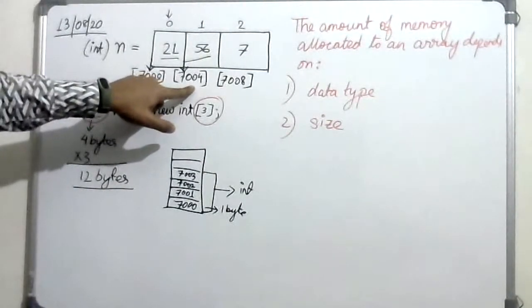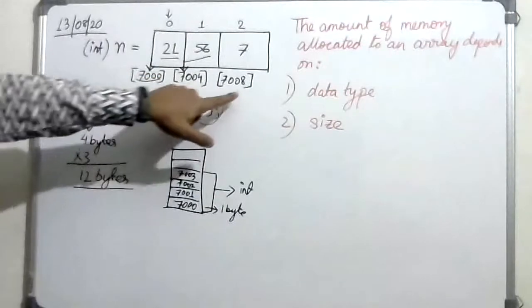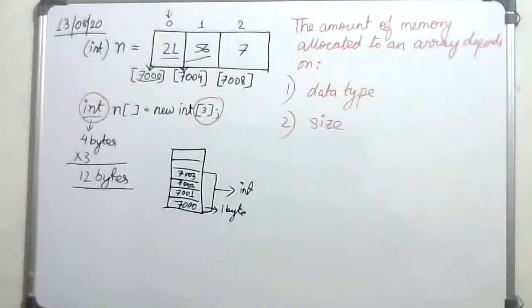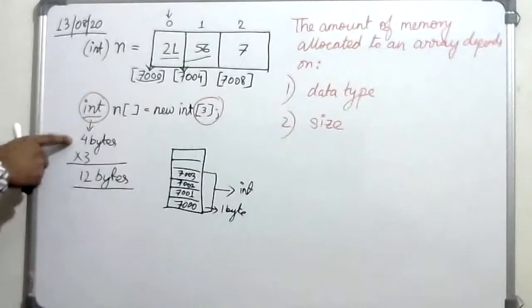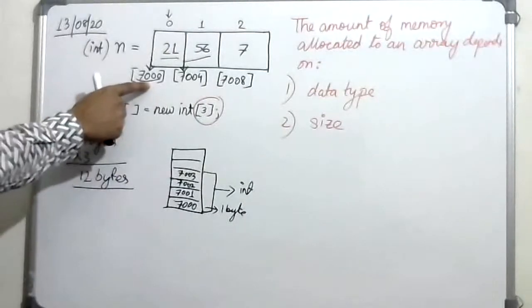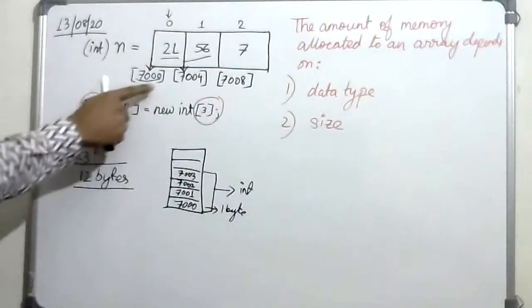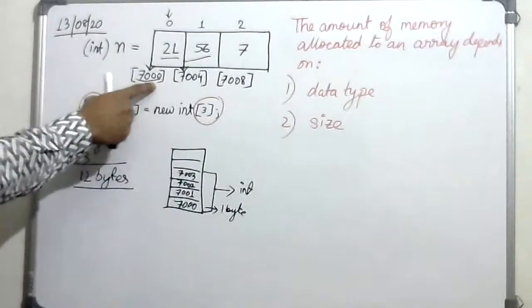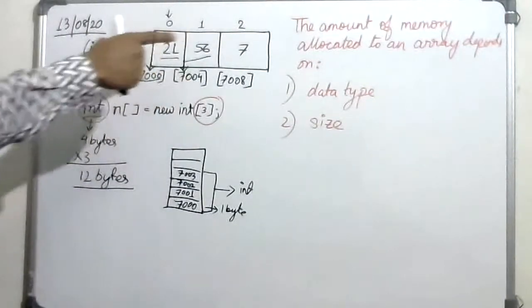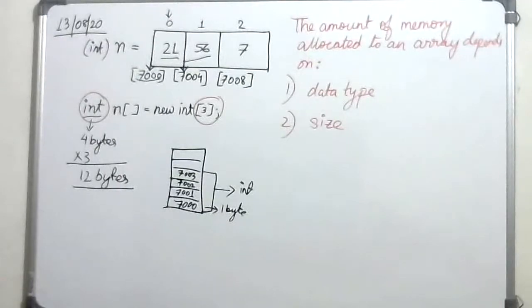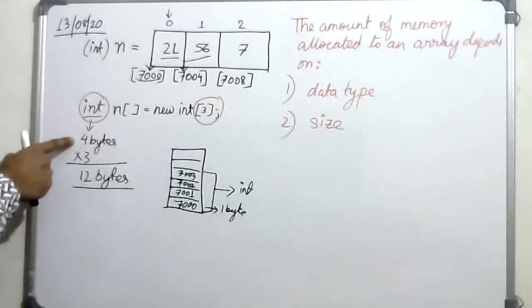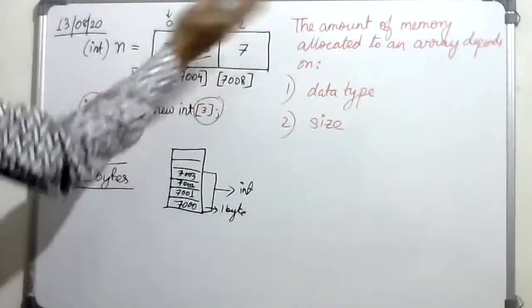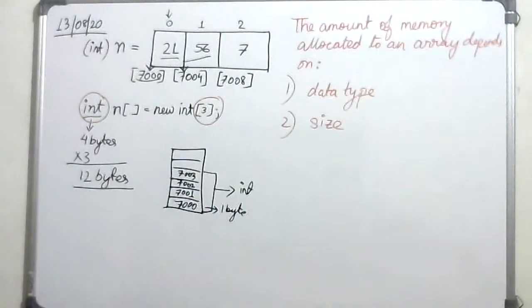Again, add that to this address and you get the next address, and so on. So you just keep adding the size of the data type. Since integer is 4 bytes, if you add 4 to the starting address 7000, you get 7004, which is the starting address of the second value in the array. With 7004, if you add again 4 bytes, it will give you 7008, which is the starting location of the third value in the array.